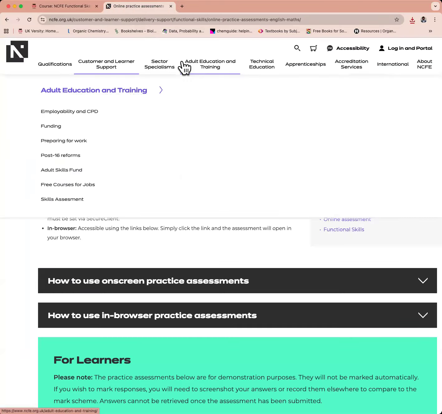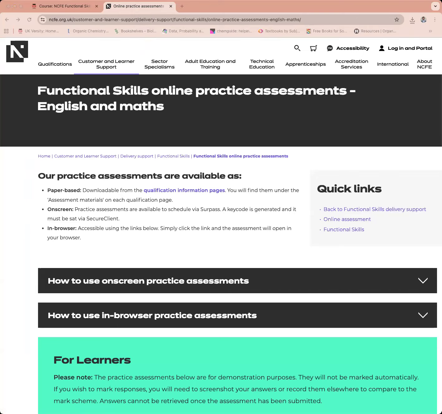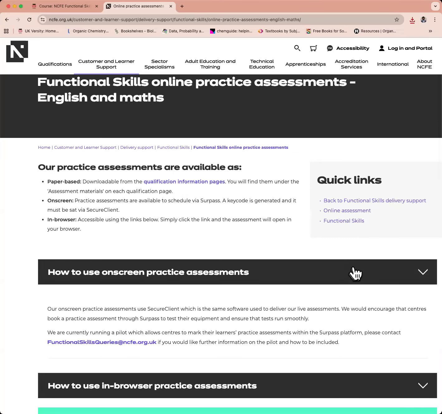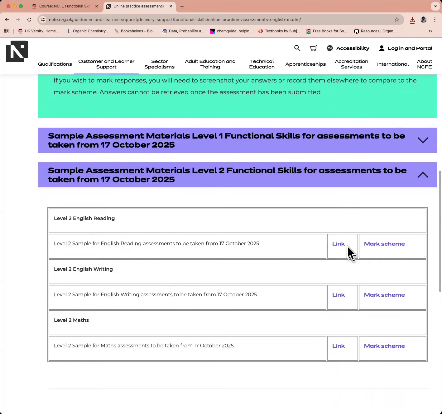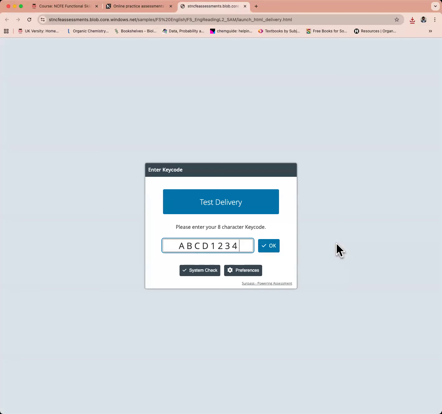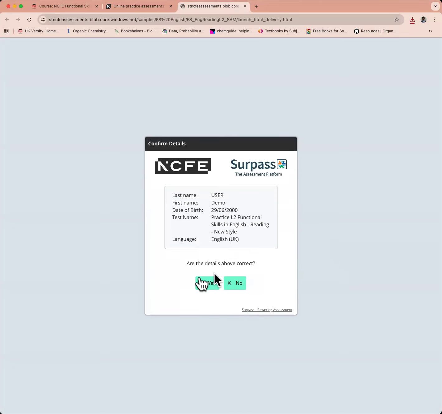So I will go across to this particular section of the NCFE website, which gives you the ability to try out some practice assessments. Let's look at something on the reading side, specifically for level two, and open this link. When you look at this link, it will come in as a test.